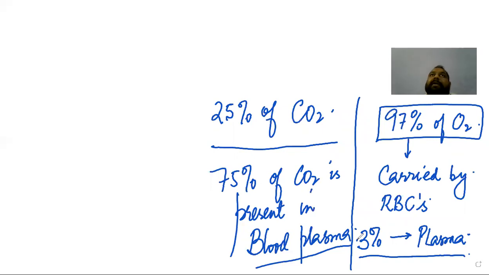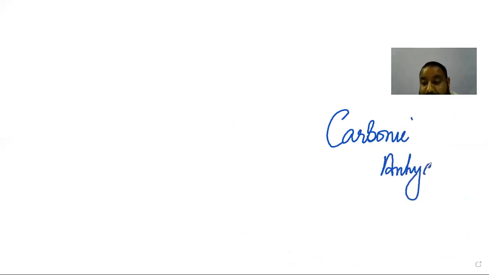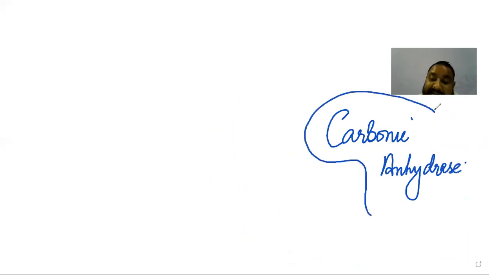Now, talking about the RBCs, there is one enzyme also that is present in the RBCs. We call it carbonic anhydrase. Carbonic anhydrase is sometimes referred to as the fastest enzyme.